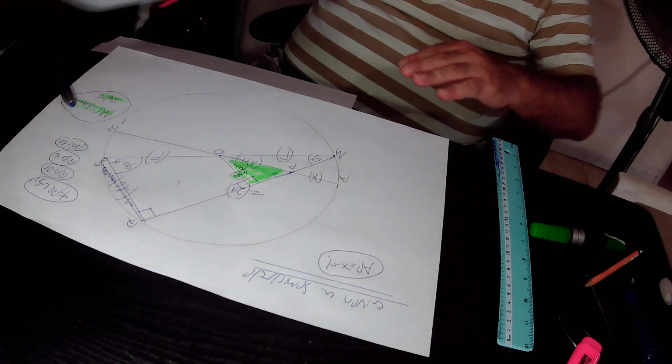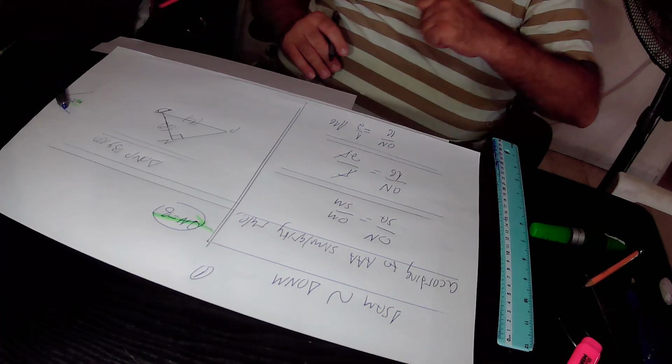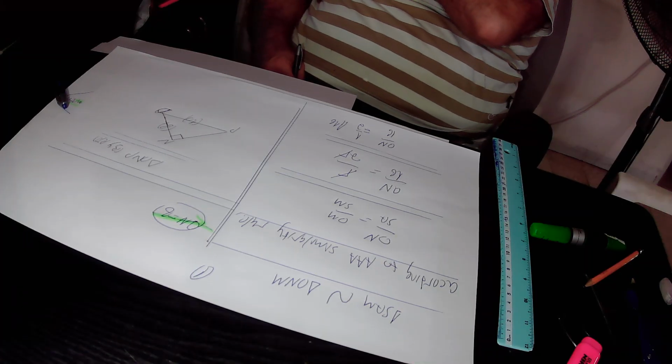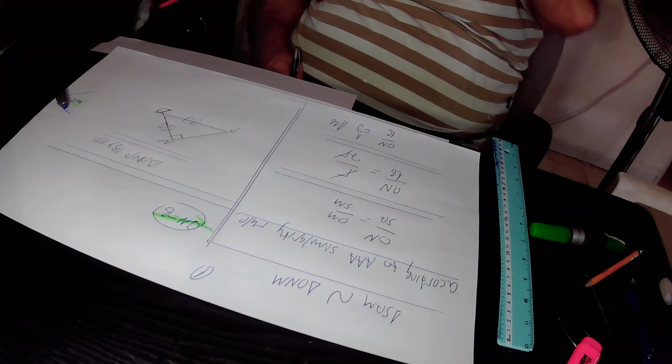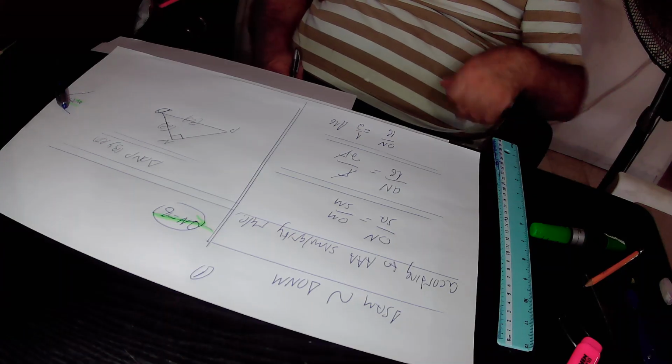So this small green right triangle ONP goes into the Pythagoras theorem.